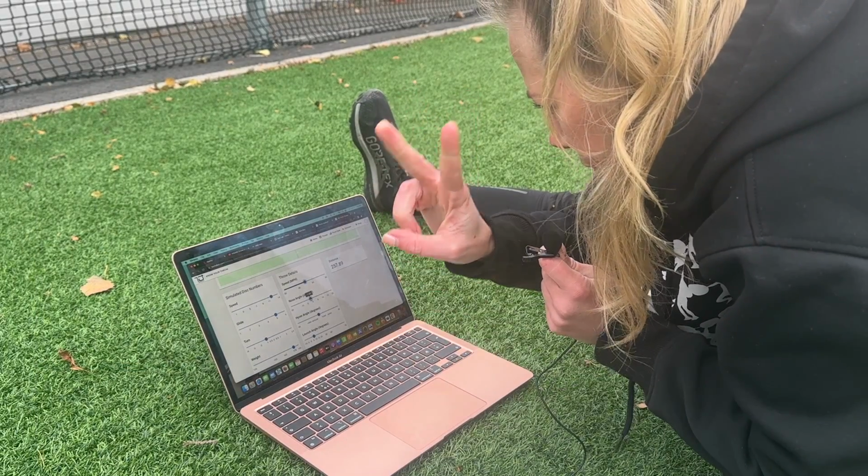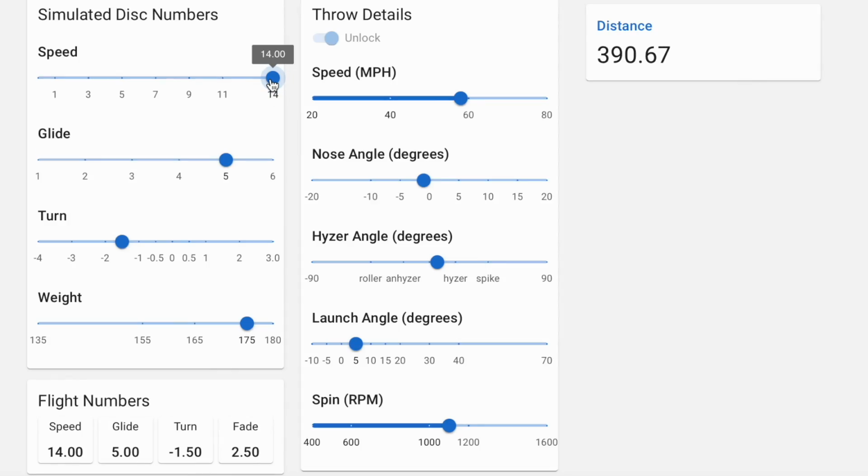Another pretty cool thing is that we can adjust the flight numbers. So I put the speed all the way up to 14, and turn is negative 0.5, fade is 2.5, which is pretty much where you want to be for a max distance type shot.